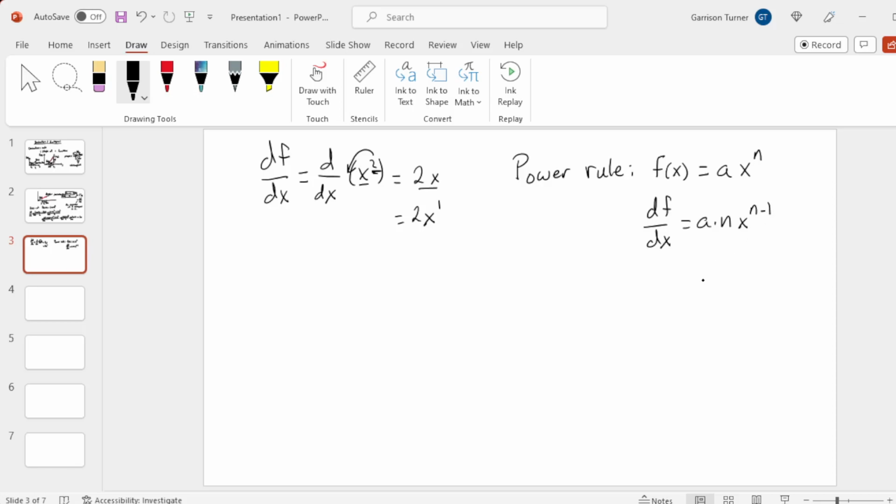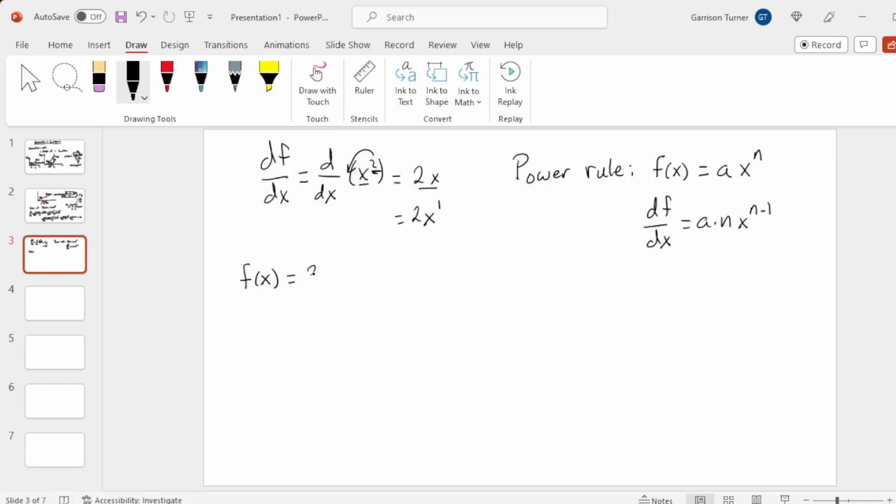So your derivative is going to be whatever your original coefficient was times your original exponent, and then your variable x is just going to be raised to a new exponent that's 1 less than what it was before. So for example, let's do 3 explicit examples here.